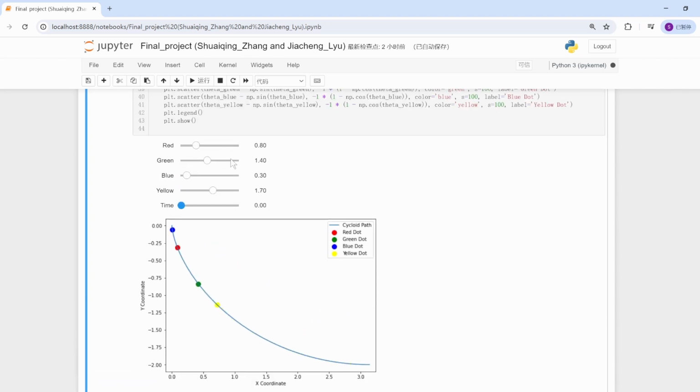Here we set different starting points for several objects on this curve, and then let them start moving at the same time. We can find that they always arrive at the endpoint simultaneously.